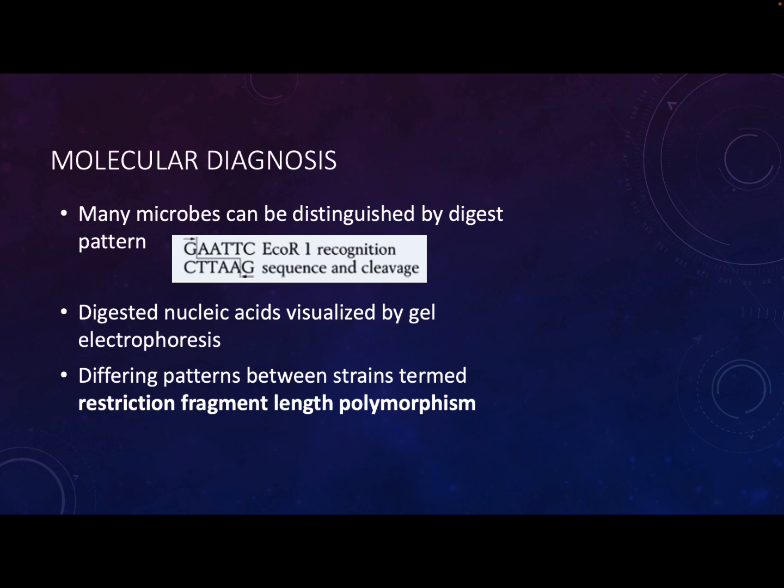So what you're doing when you do PCR of an RNA based virus is you first convert the RNA to cDNA and then you amplify the cDNA. So you do a reverse transcriptase PCR, or reverse transcription PCR. So there are derivatives of PCR that can be used to determine whether or not you have an infection.